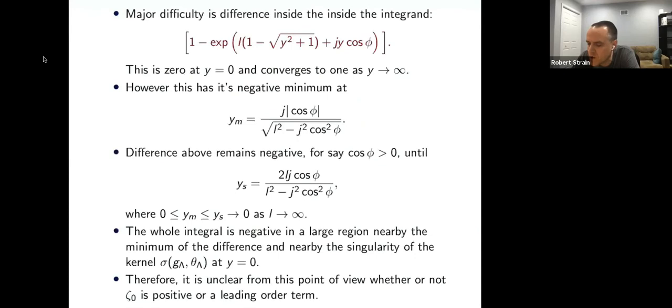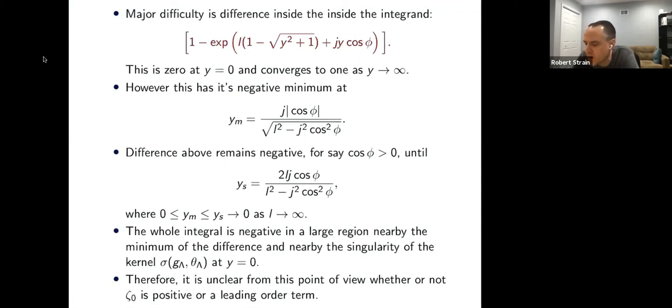But a major difficulty in obtaining the sharp asymptotics of zeta 0 is inside this integrand, which characterizes the cancellation. So here, this is 0 at y equals 0, which is what we need, and it converges to 1 as y goes to infinity, which is fine.